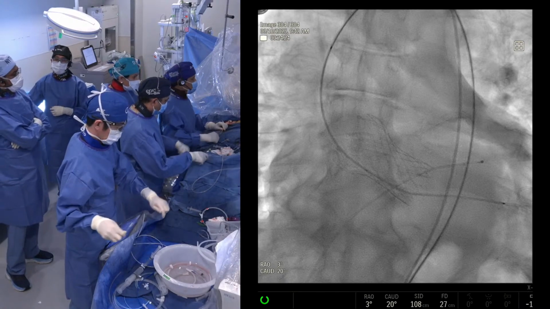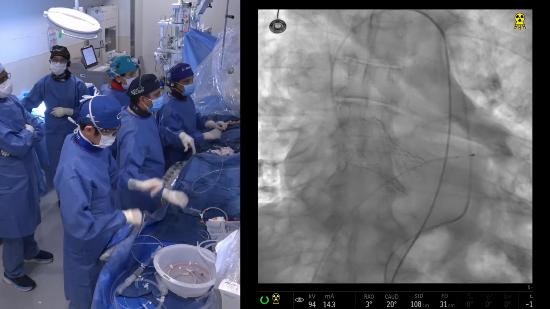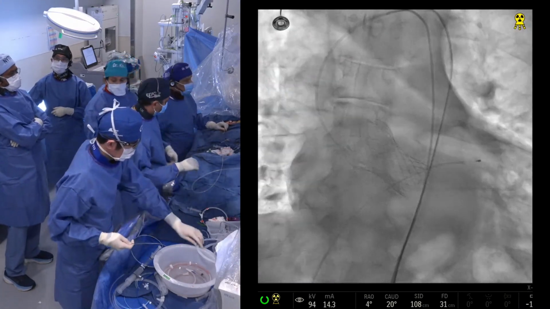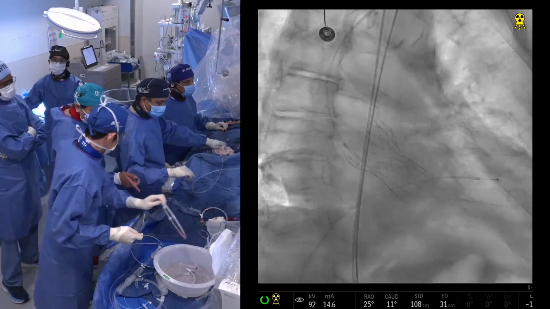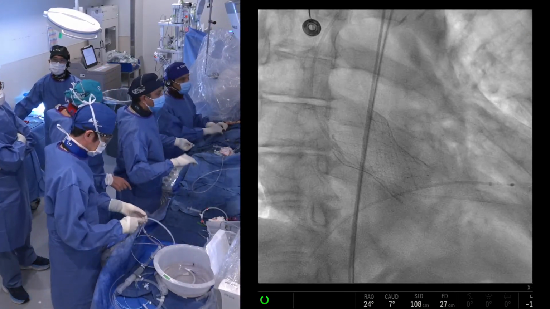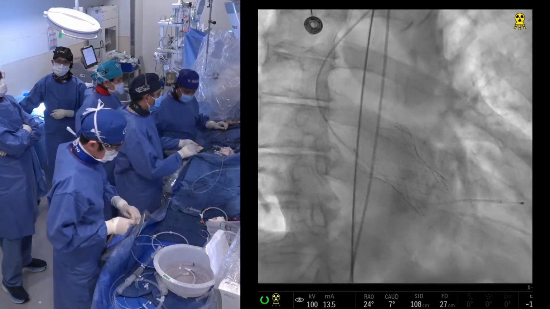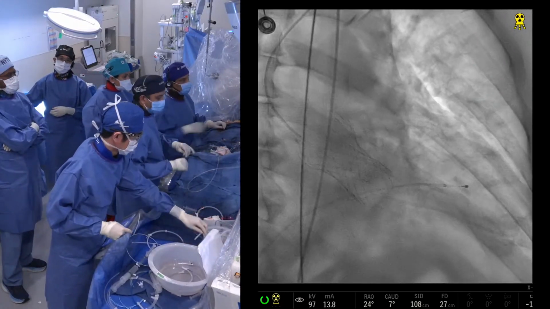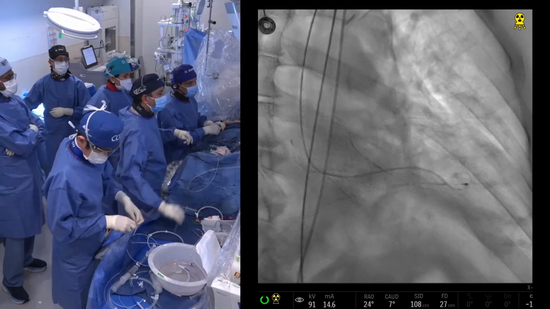Remember, all these sizing charts that we saw earlier are for AS, not AI. You need to be very careful in AI patients: if you use a balloon-expandable valve, you have to oversize more because you don't want migration, but you run the risk of aortic root injury or root rupture.